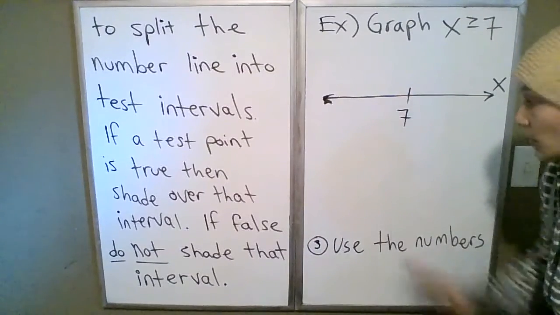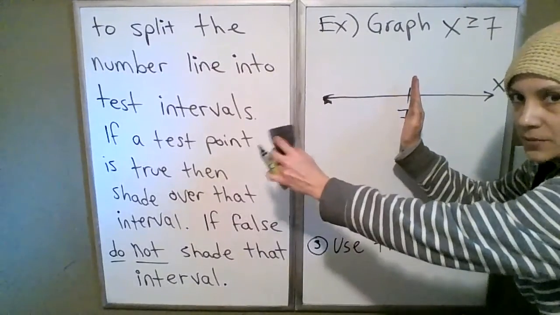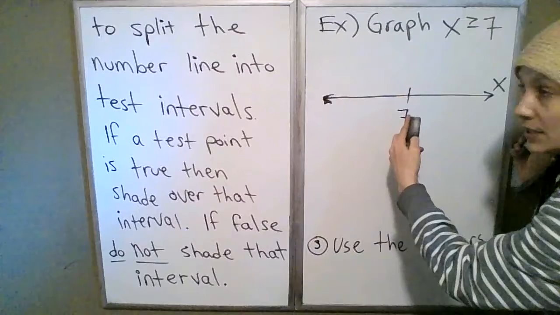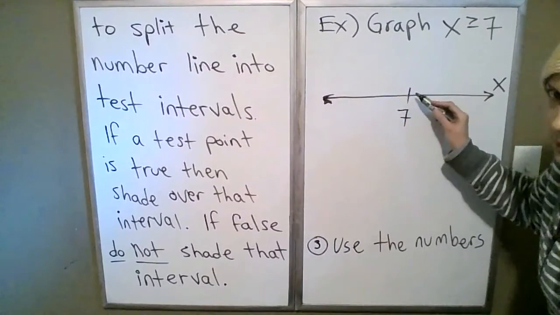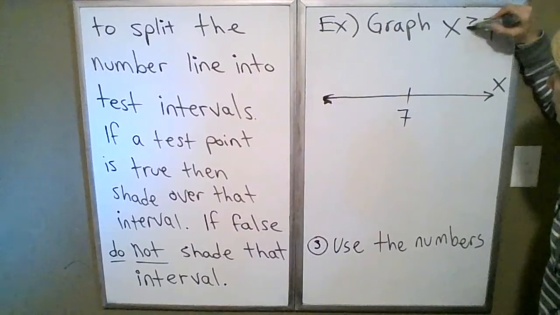Okay, so we use 7 to split up the number line into an interval from -infinity up to 7. And then from 7 over to infinity. And above 7, we're going to use a solid circle because there's an equal sign right here.